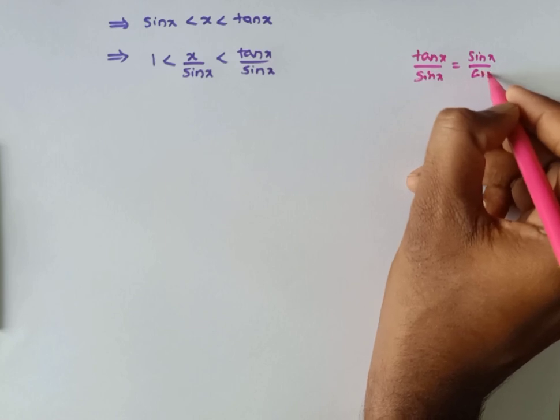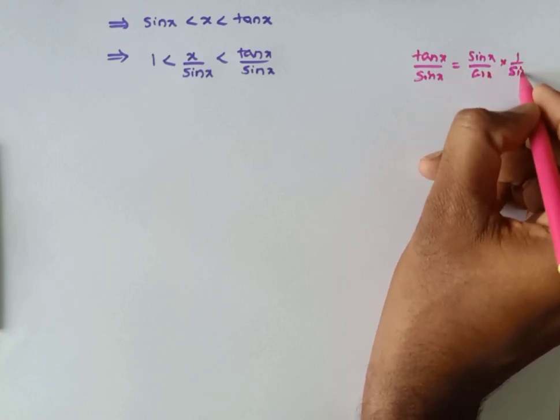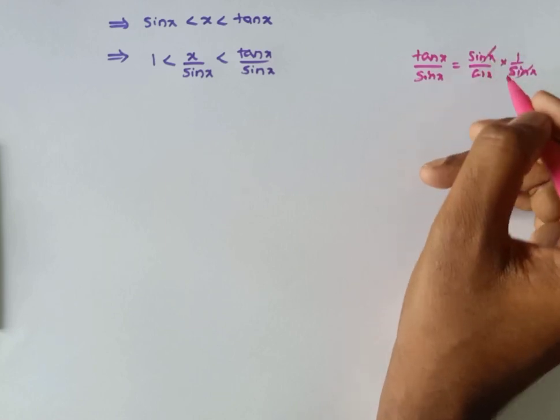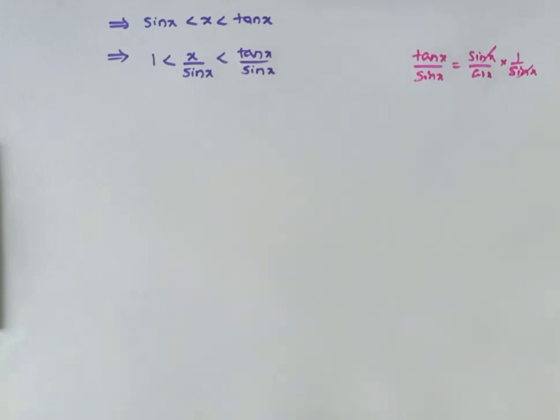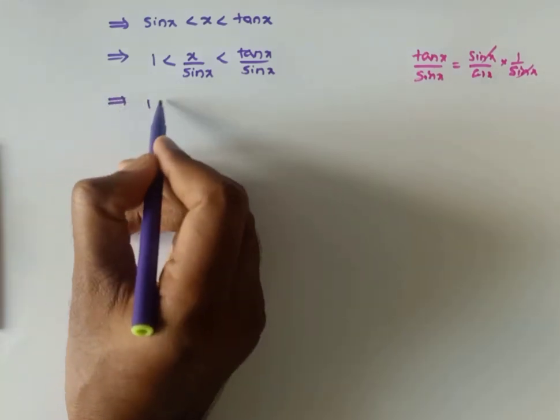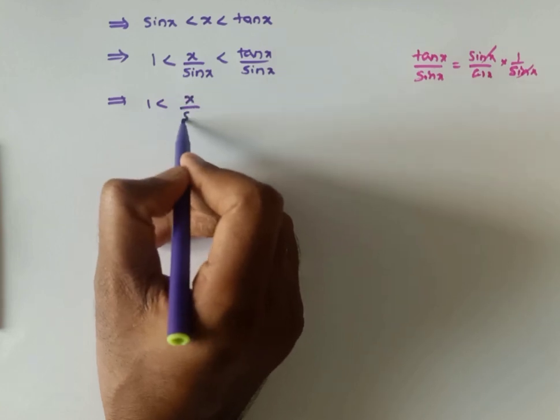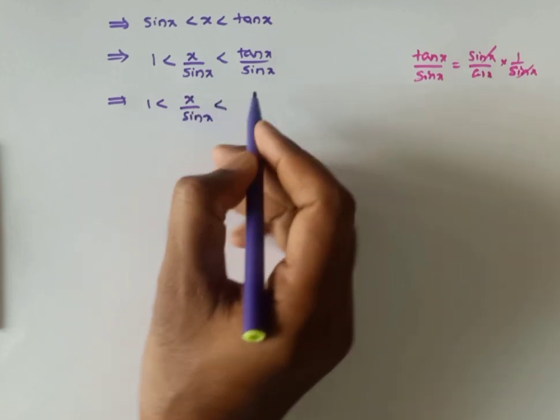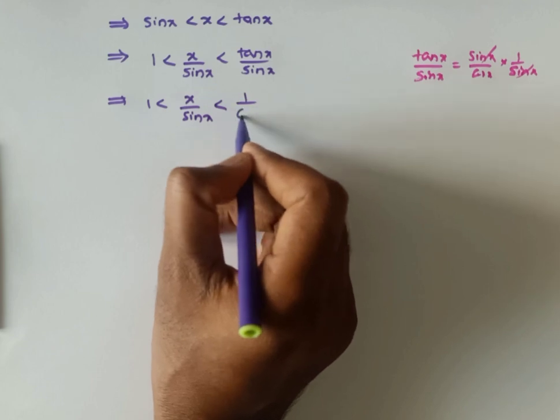Sin X by cos X into 1 by sin X. So sin X gets cancelled, then it is 1 by cos X. So this implies 1 is less than X by sin X is less than 1 by cos X.